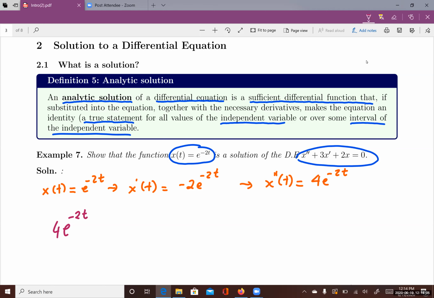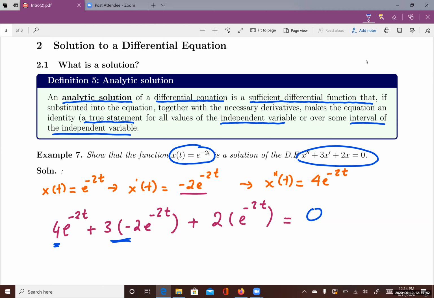Okay, and then plus 3 x prime. So x prime is here, so I can just bring it down here, -2 e to the -2t. And then plus 2 times x, and x is here, which is e to the negative 2t. So you have 4, 3 times negative 2 is negative 6, plus 2. 4 minus 6 plus 2 equals 0.